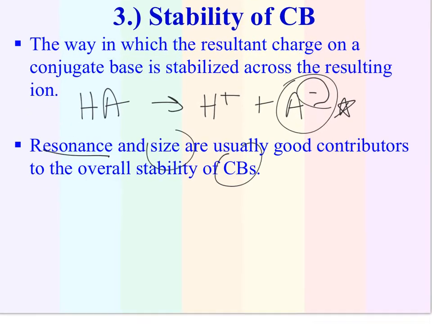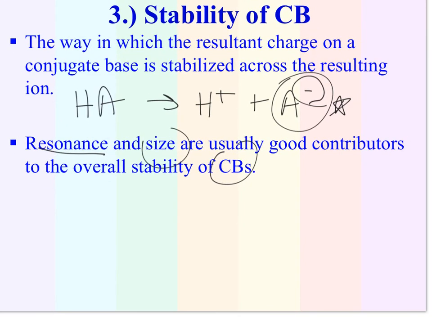Well, if we look at, say, HNO3, it's going to produce H+ and NO3 minus.